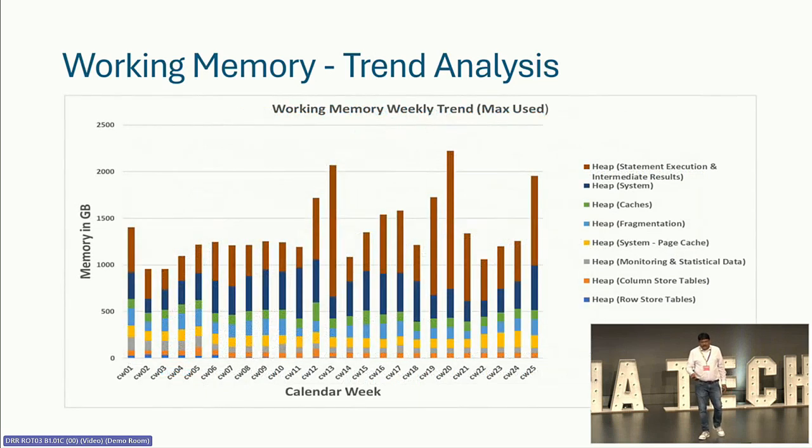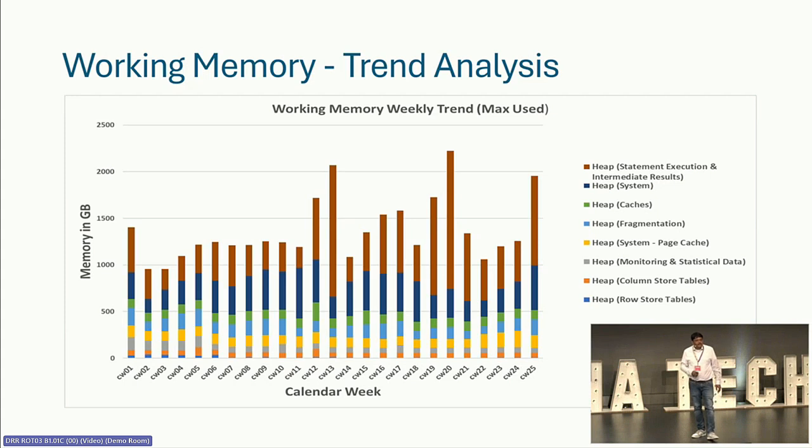Just by looking at this trend at the whole calendar week level, let's say for 2025, I know my dominant factor is coming from statement executions, followed by heap system areas. Statement executions could be custom code or sometimes standard code operating on a CDS view or not. Sorry, I said heap caches, but I wanted to refer to heap system.